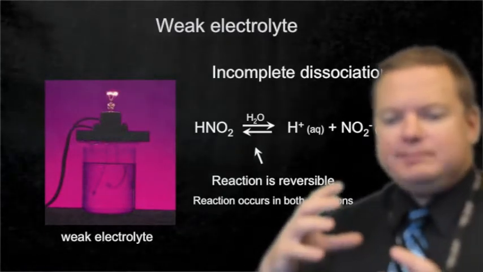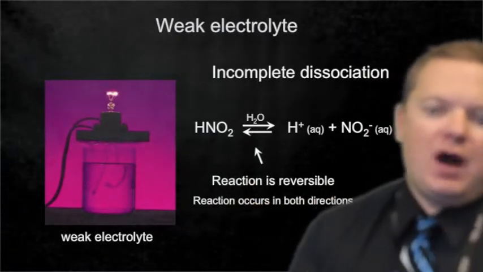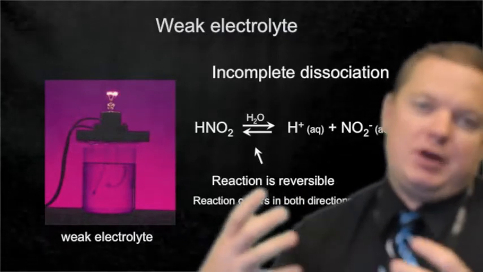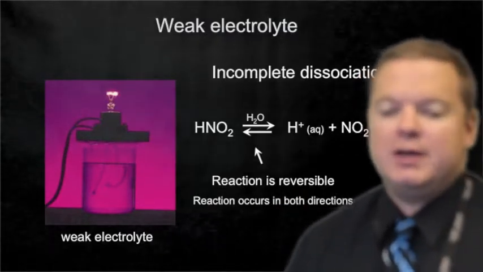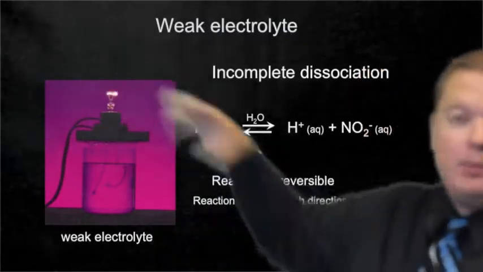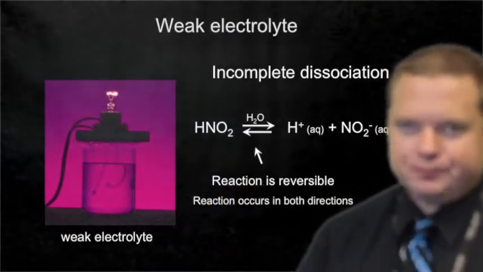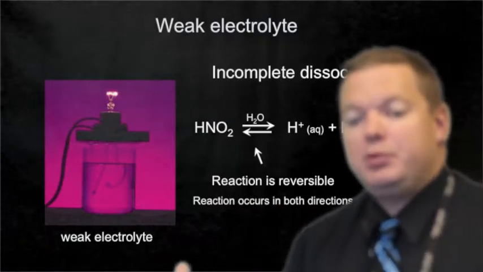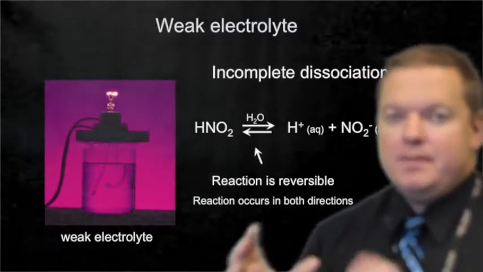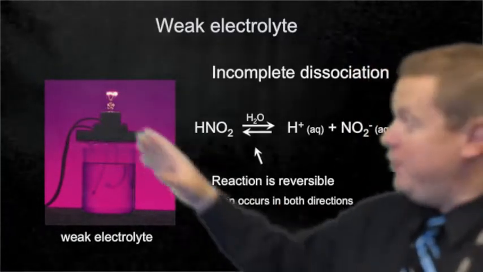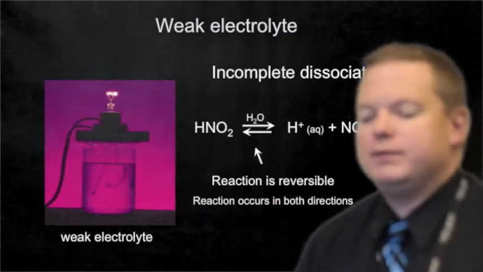We have a fewer number of ions in that solution, which means we're able to conduct less electricity. So we get some light, but not as much as those strong electrolytes. So we have incomplete dissociation. A strong electrolyte completely dissociates. This weak electrolyte does not completely dissociate, so we have all three species present.